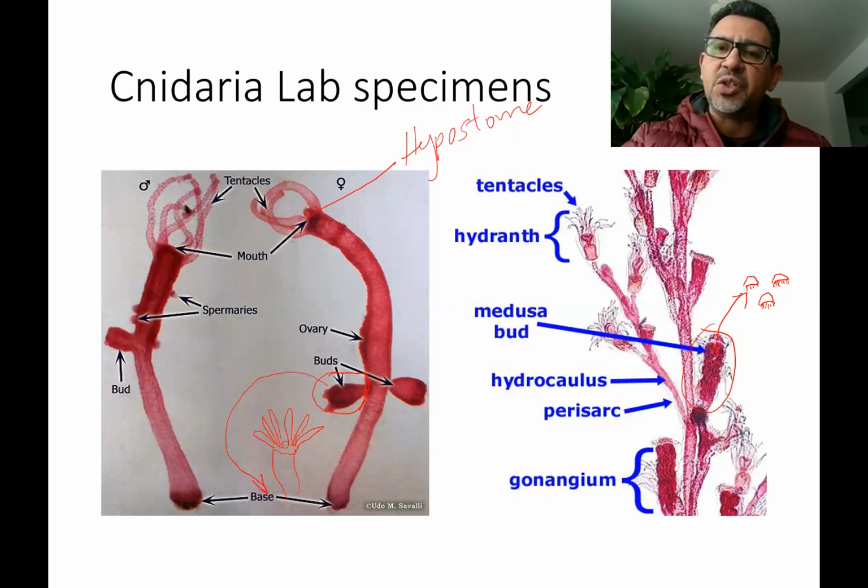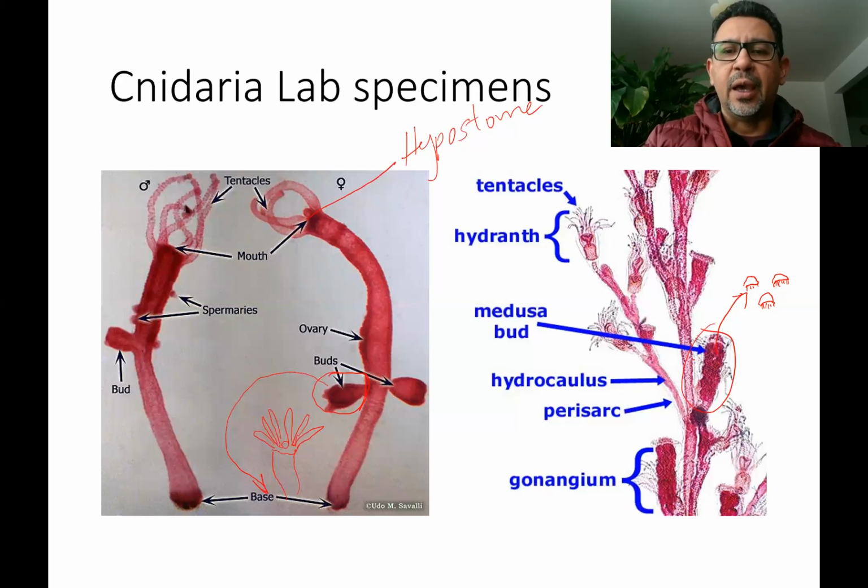And so the main mission of this gonangium is going to be reproduction. What happens later is that the little medusae go and reproduce, eventually making more of these polyps. It is a very special case of reproduction that uses both sexual reproduction and asexual reproduction. But again, that's going to be a concept that I'm going to explore with you in class at a later point.